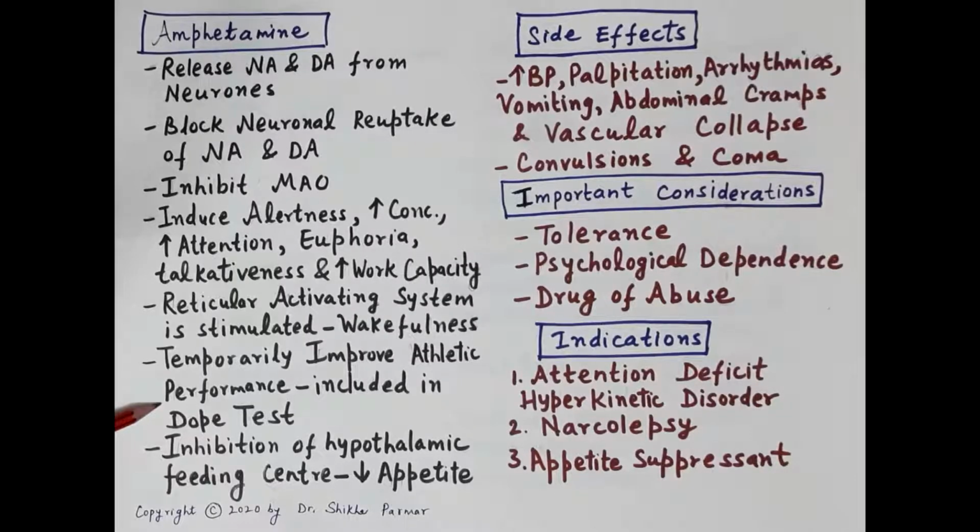As amphetamine can be consumed by athletes in an attempt to enhance their athletic performance, it is included in the list of drugs which are tested for the dope test. Amphetamine also causes inhibition of the hypothalamic feeding center, and therefore it also causes a fall in the appetite.